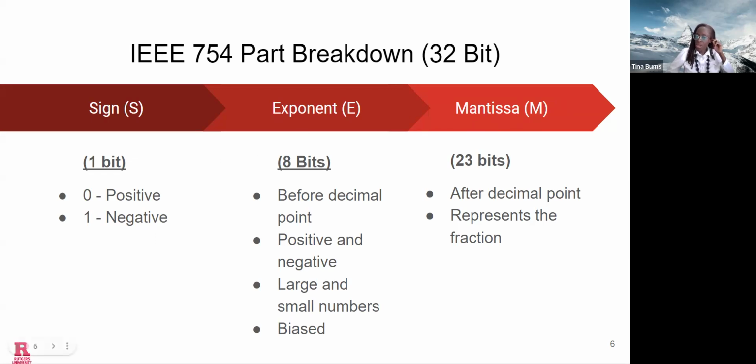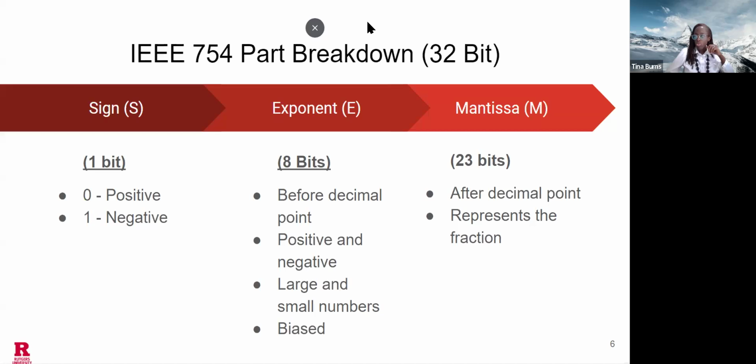Now, the mantissa deals with the fractional portion of the floating point number. And for the 32-bit format, it is 23 bits long. So we have 1 bit that's for the sign, 8 bits that's for the exponent, and then 23 bits, which is dealing with the fractional portion of the number.